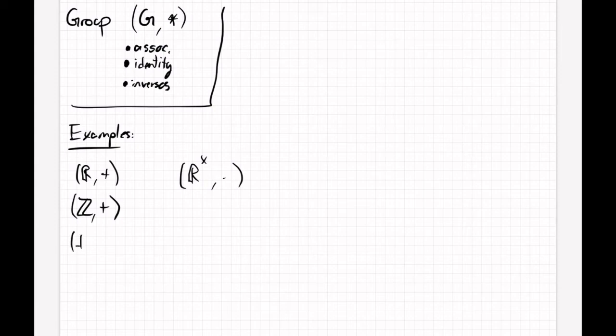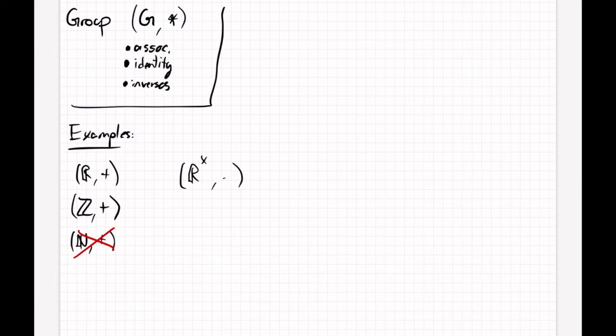A non-example would be the natural numbers. Natural numbers are associative, and depending on whether you believe that the natural numbers have 0 in them or not, it might have an identity element, but it does not have inverses. There are no negative numbers in the natural numbers. So natural numbers are not an example of a group.